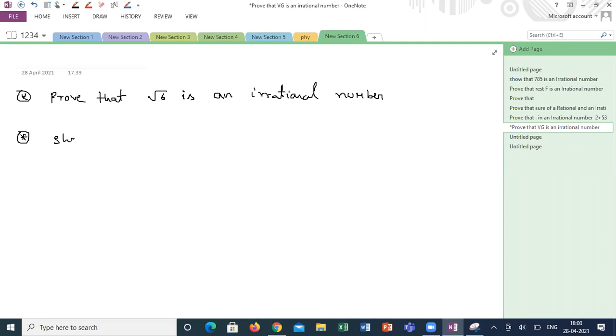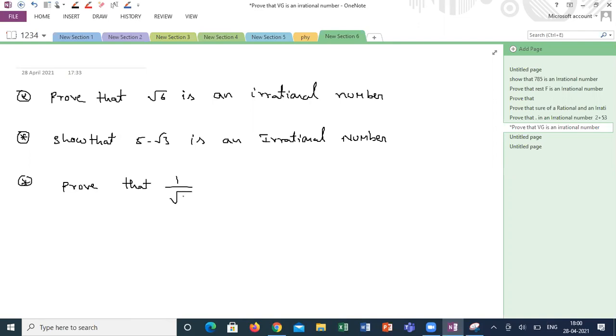Show that 5 minus root 3 is an irrational number. Prove that 1 by root 11 is an irrational number.